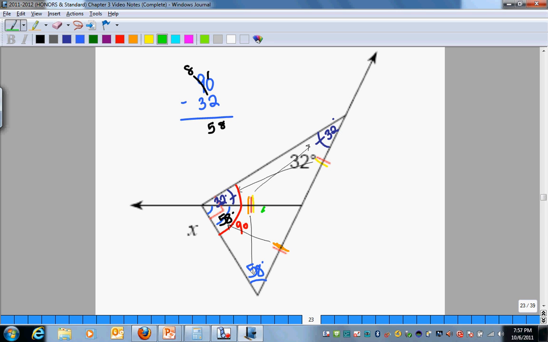We can find this third angle. Add 58, 58, and you get 116. Subtract from 180 and you get 64 degrees is this angle right here.